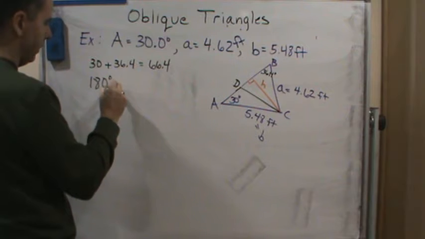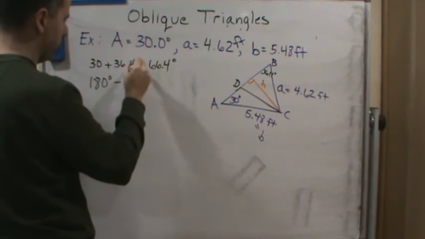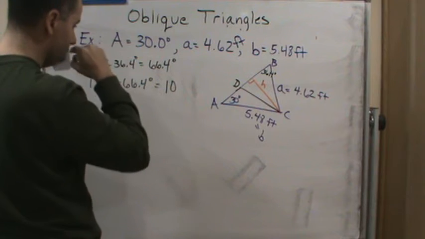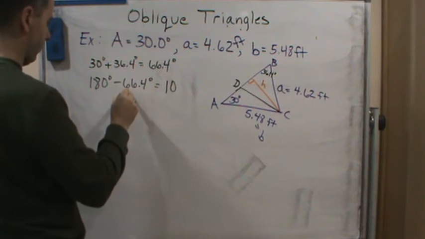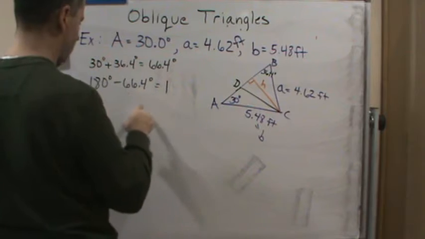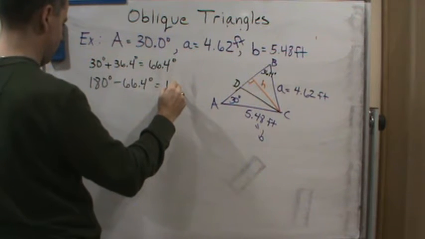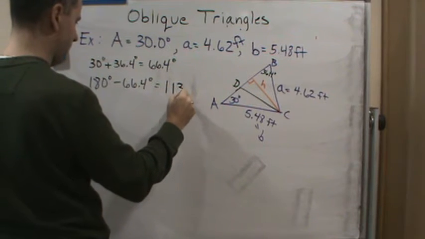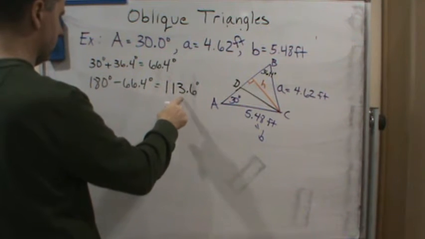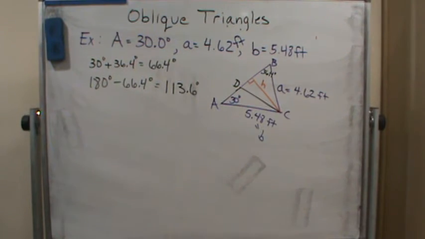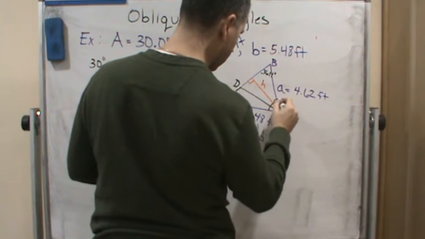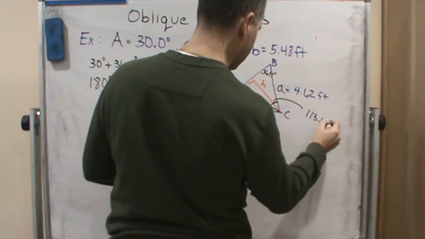So 180 minus 66.4 degrees equals, sorry, it's going to be 113.6. So C here is 113.6 degrees.